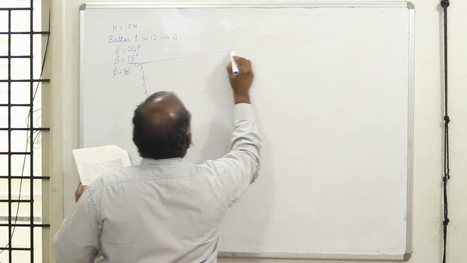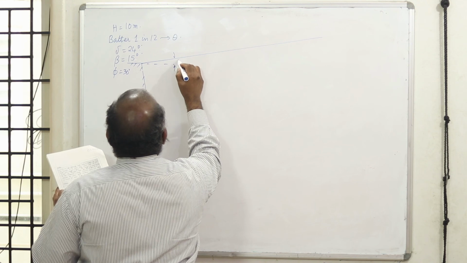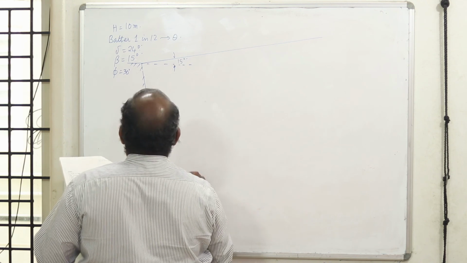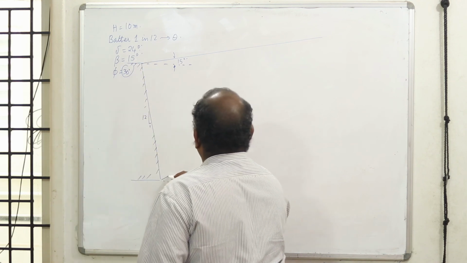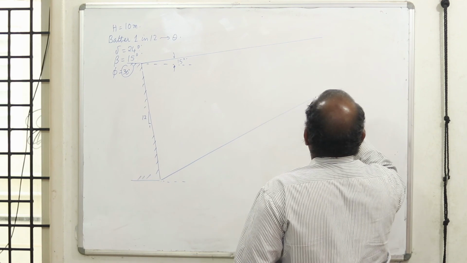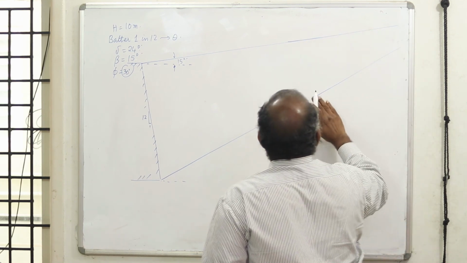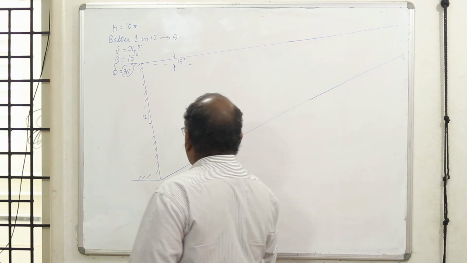This is at 15 degrees. Then from the horizontal, phi has been given as 30 degrees. Draw a line at 30 degrees. Wherever it cuts, it may not cut, doesn't matter.